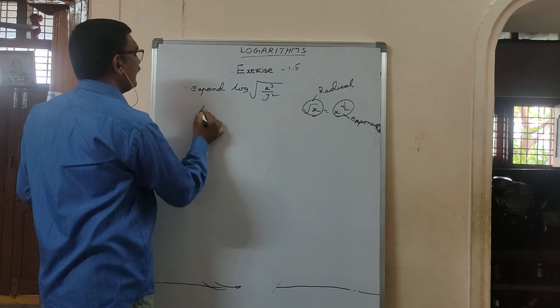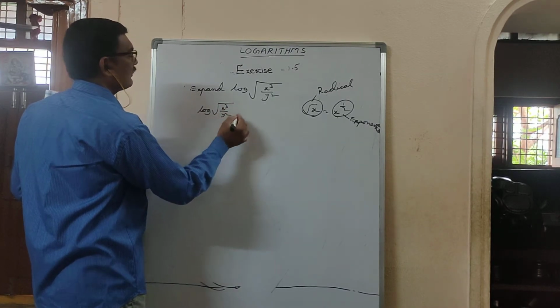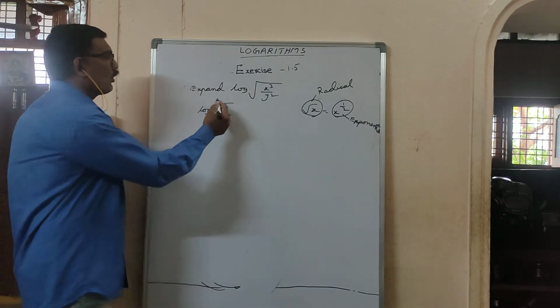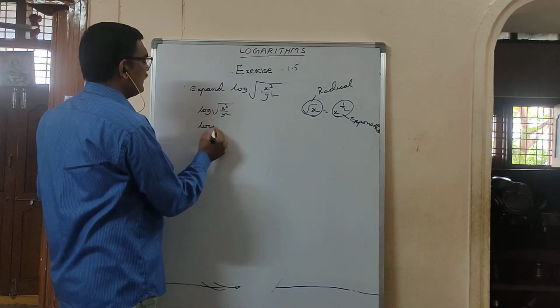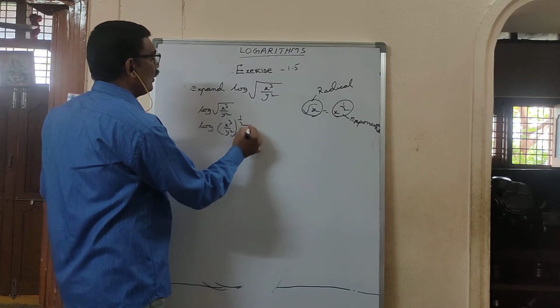First, you are taking the question as log under root x cube by y square. This root I am expressing as x cube by y square whole to the power of 1 by 2.